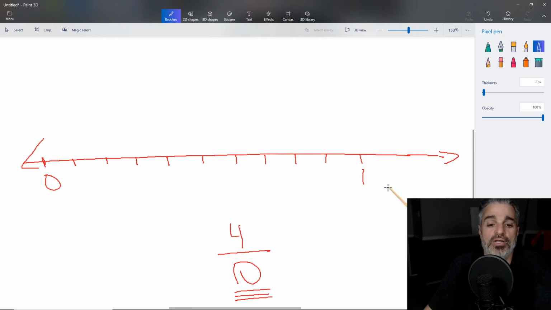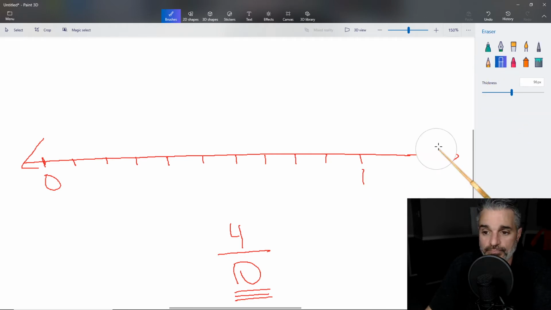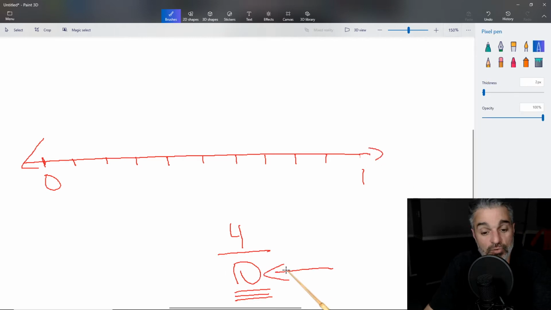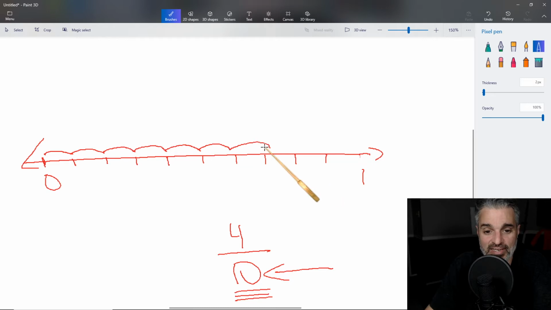On the 10 is going to be the 1. Okay, so first of all, you look at this 10 and you say, oh, if the denominator is 10, then there has to be 10 equal parts. So let's see if it's true. 1, 2, 3, 4, 5, 6, 7, 8, 9, and 10.